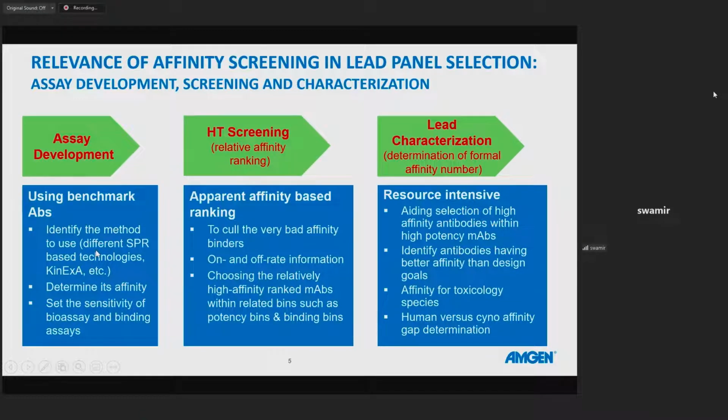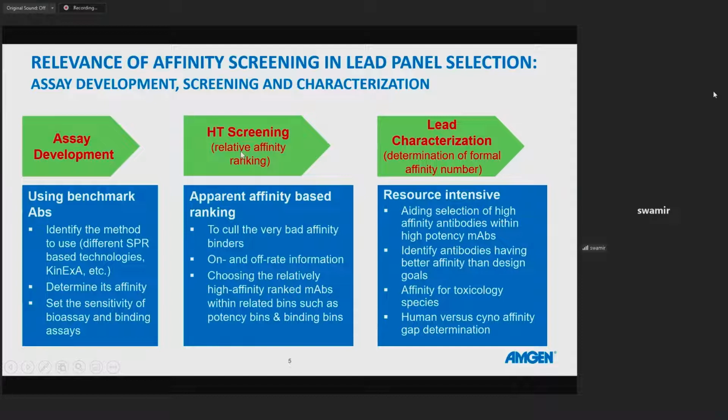Also, using a benchmark antibody, we determine the affinity. So when we are screening, we know where our molecules stand in relation to that benchmark affinity. And it will also help us set the sensitivity of the bioassay and other binding assays.